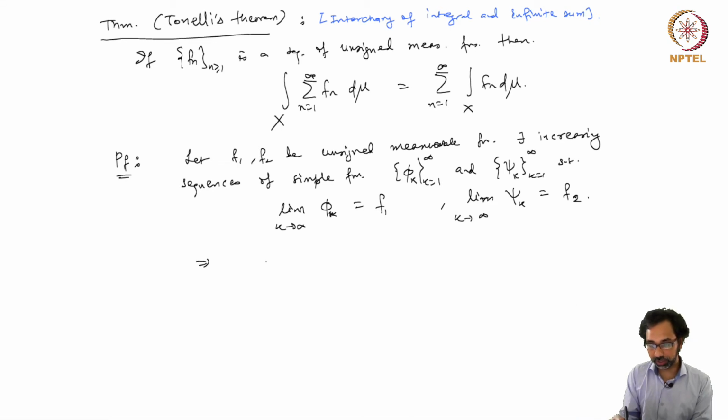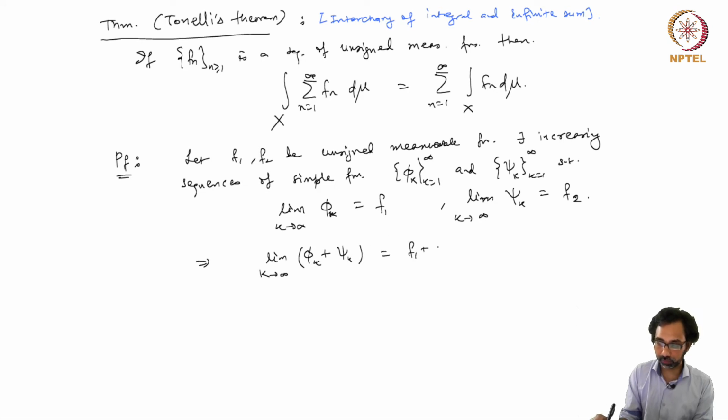So this implies that the limit as k tends to infinity of c_k plus phi_k is equal to f1 plus f2.